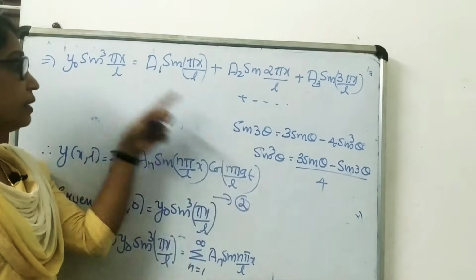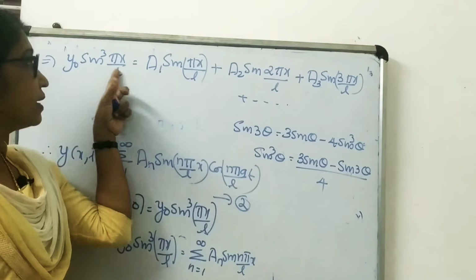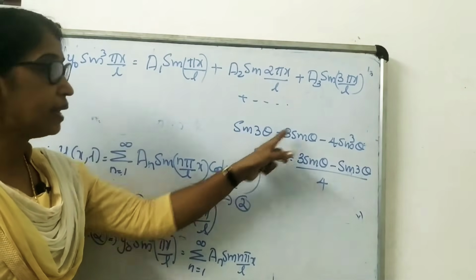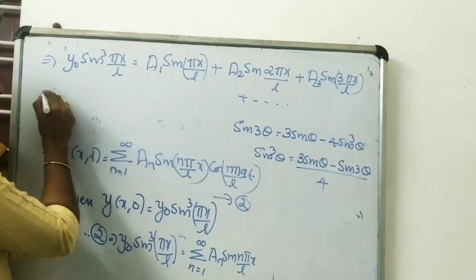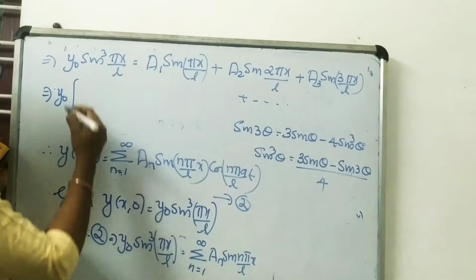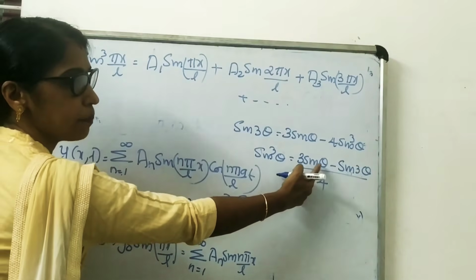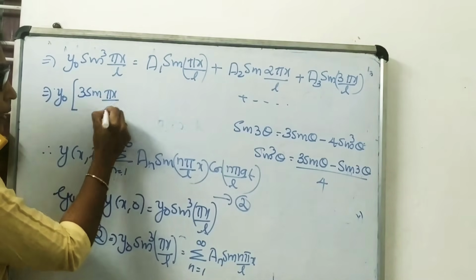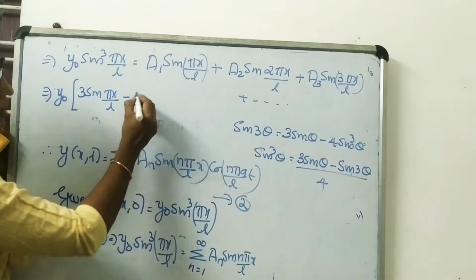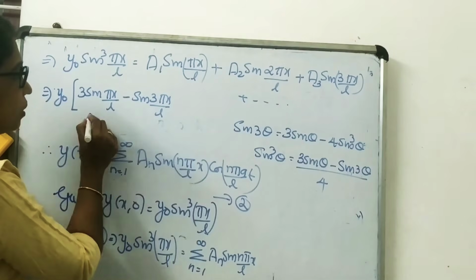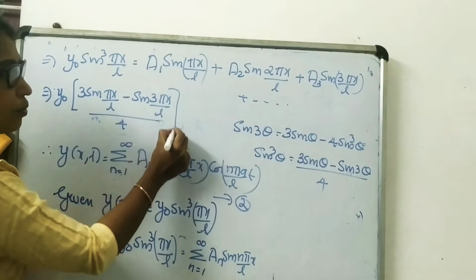But here, in the place of theta, it is pi x / L. So replacing, we can write y0 sin cube(pi x / L) as y0 times, 3 sin(pi x / L) minus sin(3 pi x / L), the whole divided by 4.